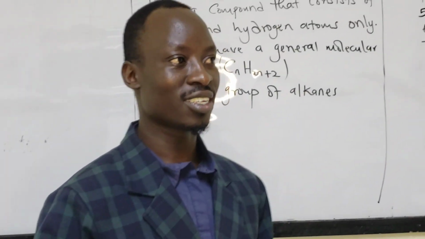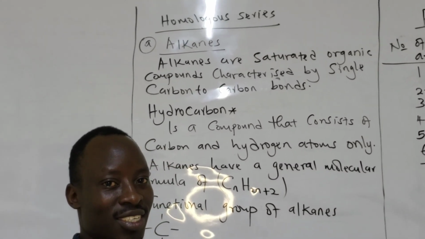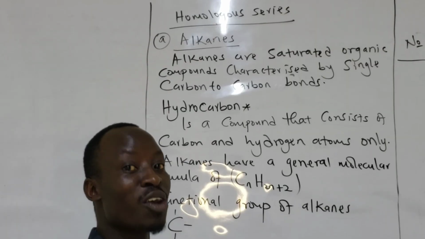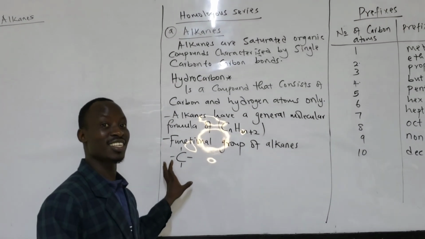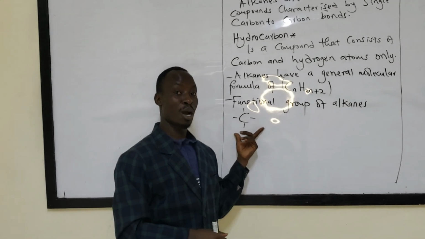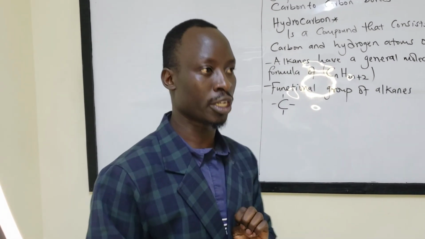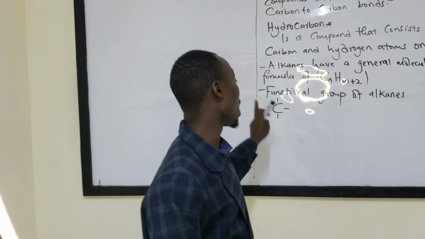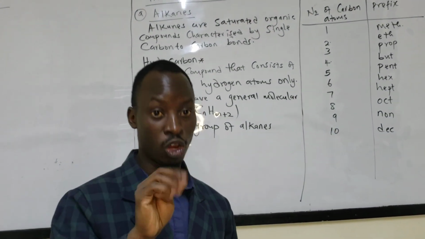Having 4 bonds makes carbon very stable. Why does it have 4 bonds? It belongs to group 4.